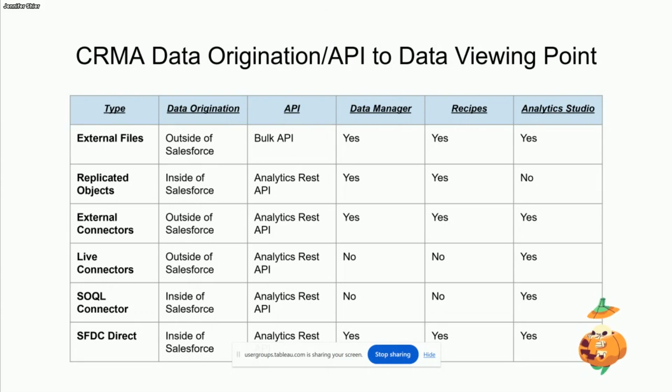And so the good thing about CRMA is it's already out of the box. It does this for you. You don't have to code unless you want to. But as far as the rest of Salesforce, if you're using Data Cloud or you have applications that pass data back and forth, like Outreach or Gainsight or ServiceNow, you're going to have to learn what API all of those use and how it works.